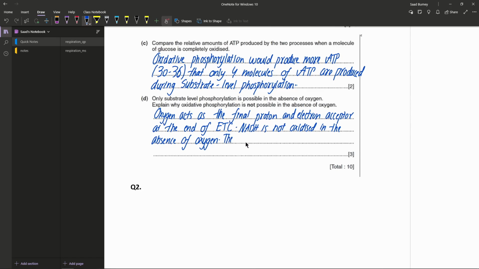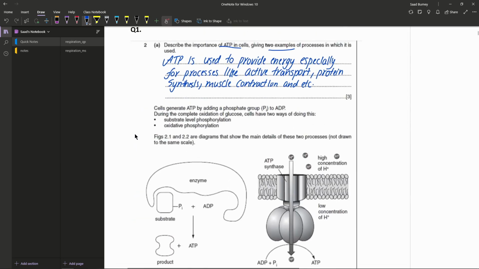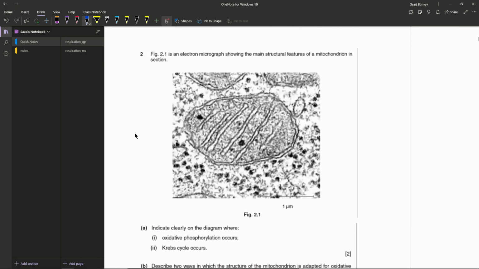The proton gradient won't then be set up due to absence of oxygen. Okay, so that's the first question done. Now moving on to the second question.